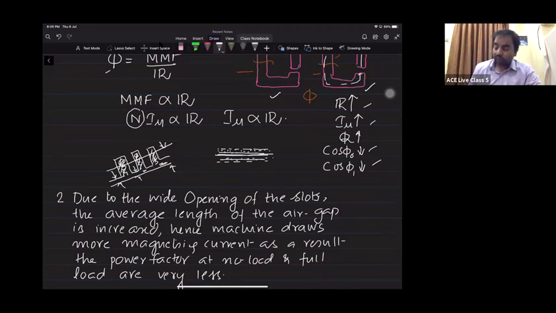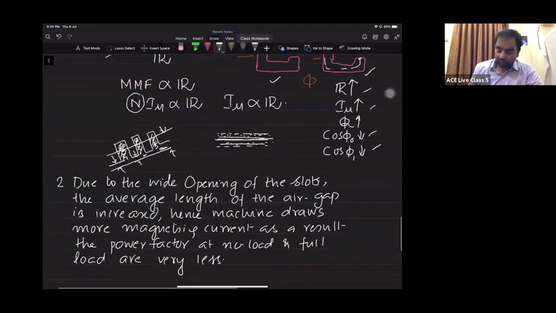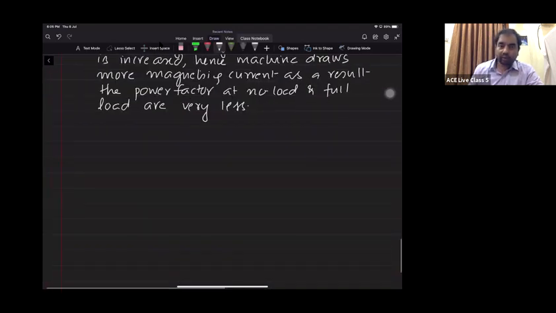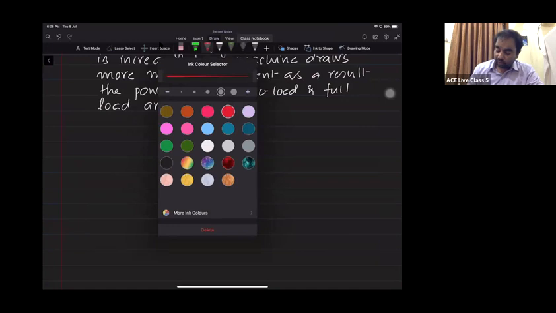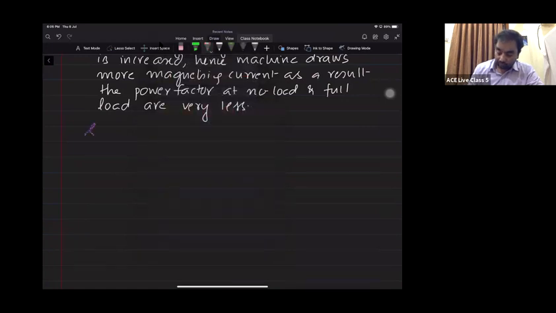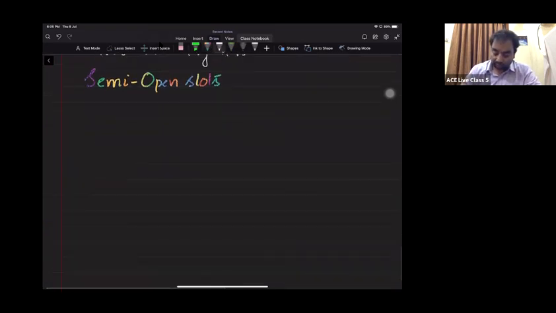Right. So this is something about the open slots. Now let us go for the semi-open slots or semi-closed slots. The second category is semi-open slots, or semi-closed slots. Now let me draw a part of the stator core with semi-closed slots.